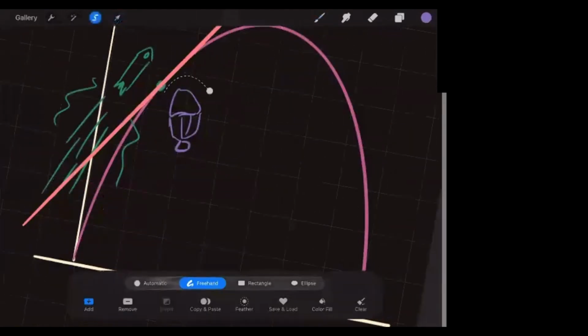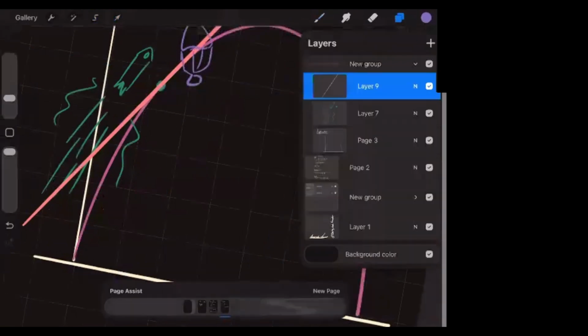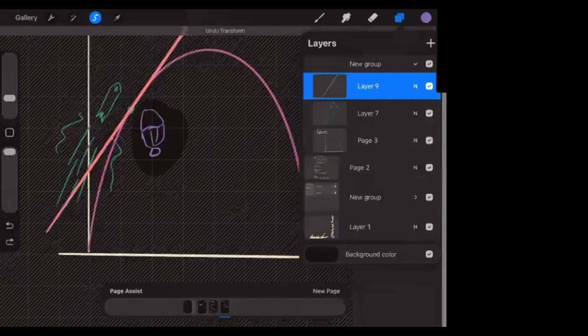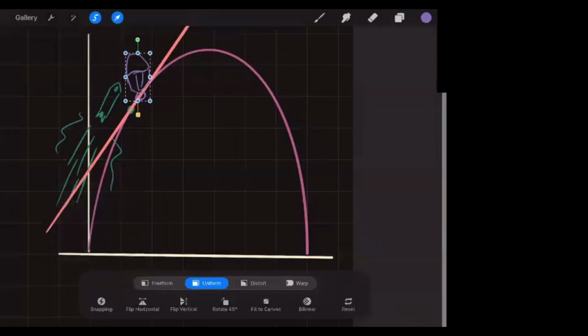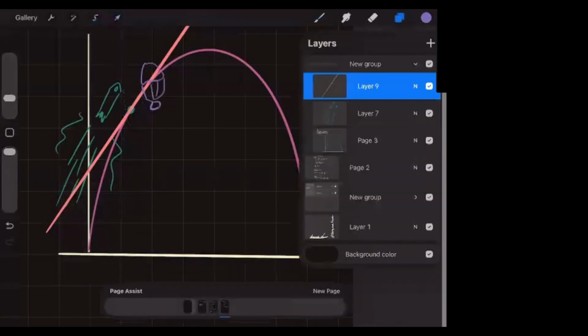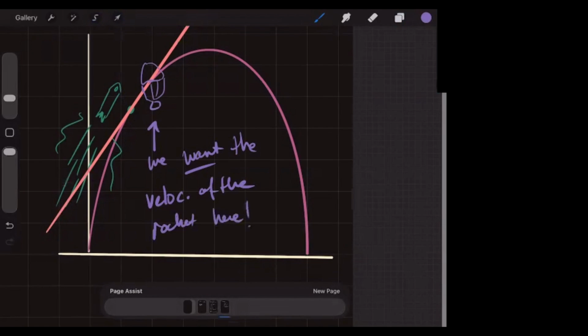And once you know how fast it's going, you can start doing things like, oh, well, if my parachute's here and I know the speed, then I know what it'll do when it falls down here. You want the velocity of the rocket here.